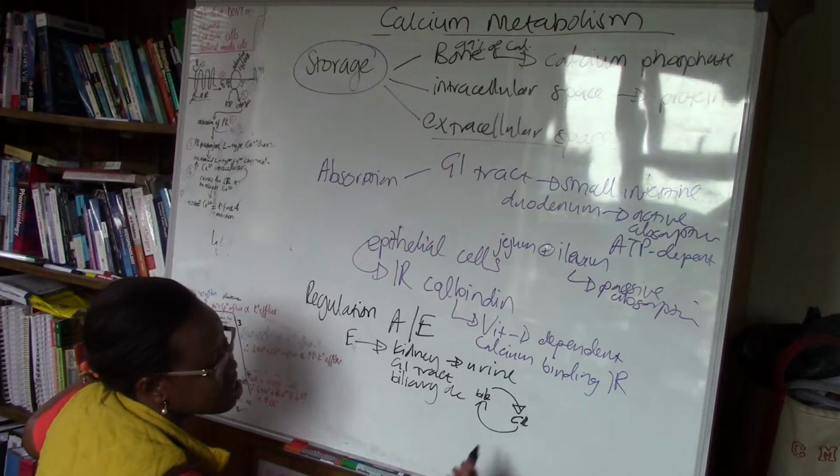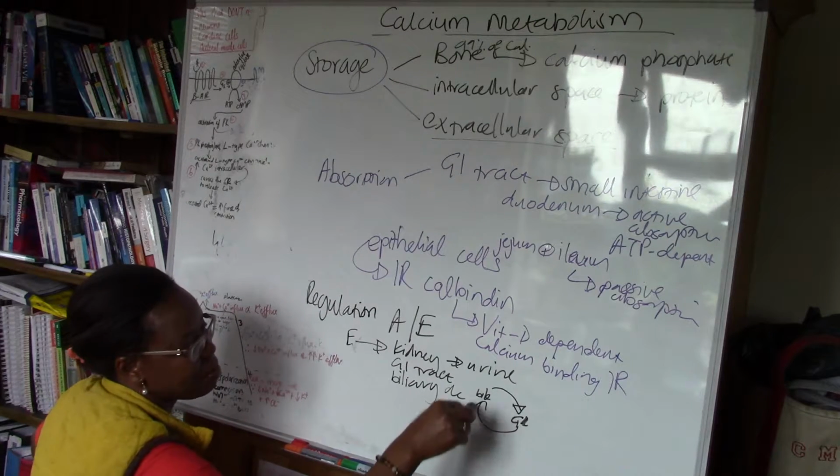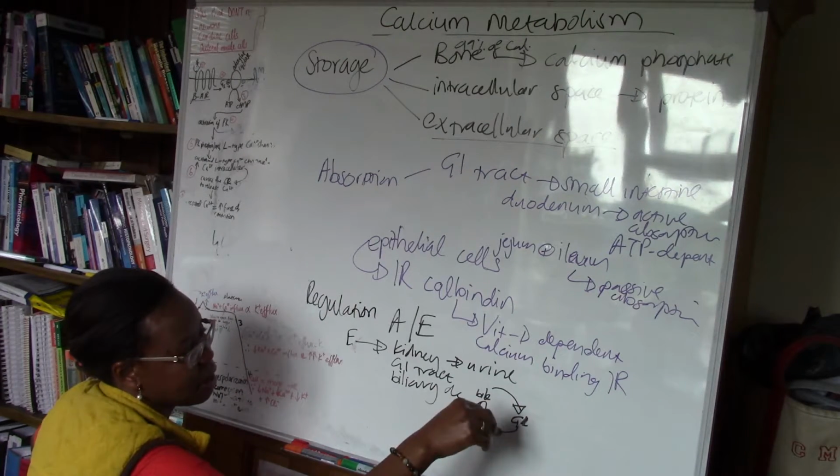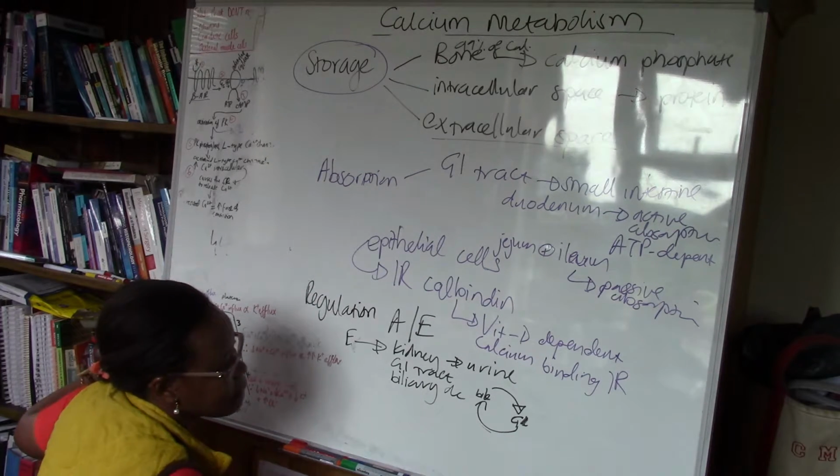It's sort of like a vicious cycle, where it goes into the GI and is resorbed back into the bile, and then goes back into the GI and is resorbed again.